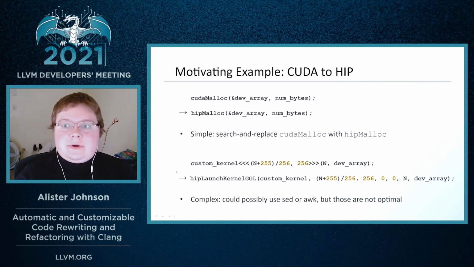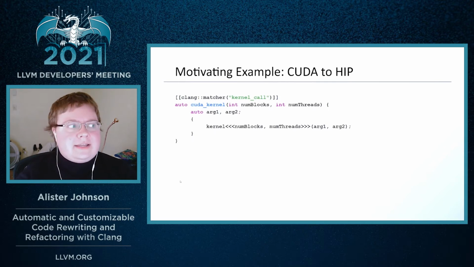But our compiler can still parse both of these kernel calls, and wouldn't it be great if we could leverage the compiler's front end to do these more complex rewriting tasks?